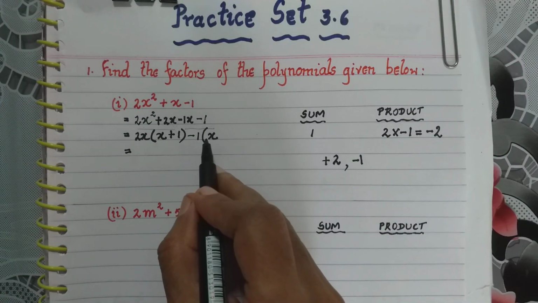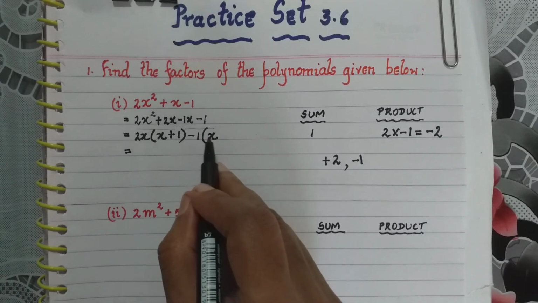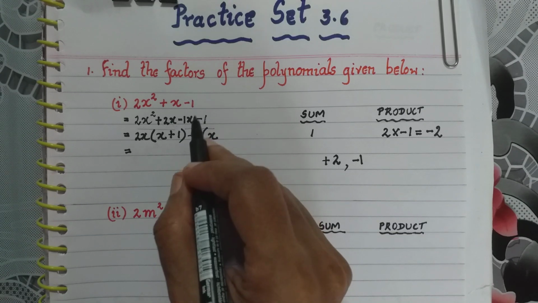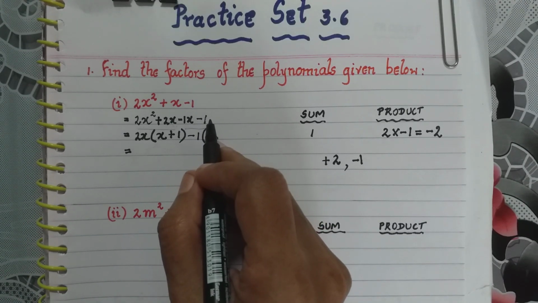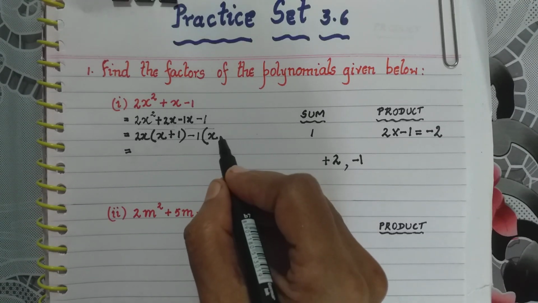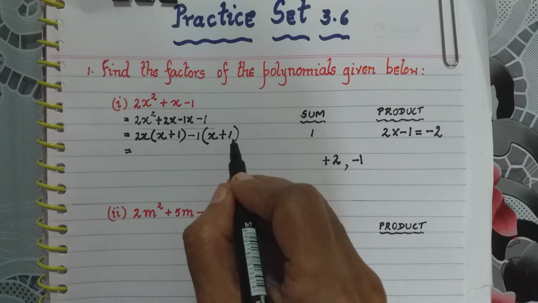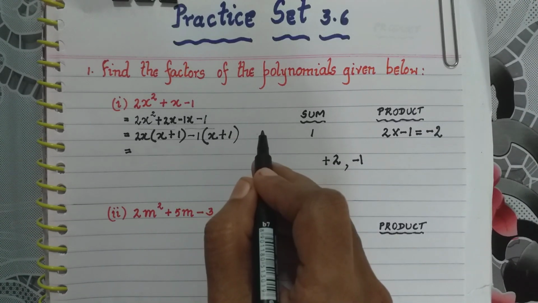Here I will not have minus sign. Why? x into minus 1 is minus 1x, so I don't have minus here. Okay, then I have minus 1 out. Here I have again minus 1. Minus 1 goes in minus 1 one time, that is plus 1. Is this plus 1 correct? Plus 1 into minus 1 is minus 1, so it is correct.